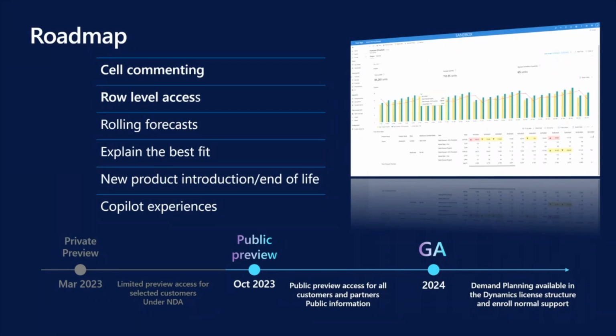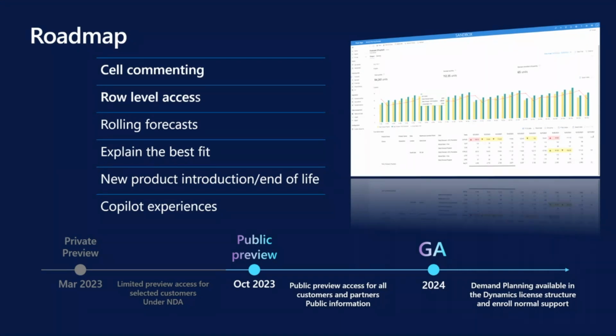Explain the best fit. Best fit is going to try across ETS, ARIMA, and Prophet for each dimension combination, for each lowest level you forecast on, and will give you the data. Towards the roadmap, we want to work on how you actually explain those results, like which was selected and why. That is something that you cannot see at the moment in the app.